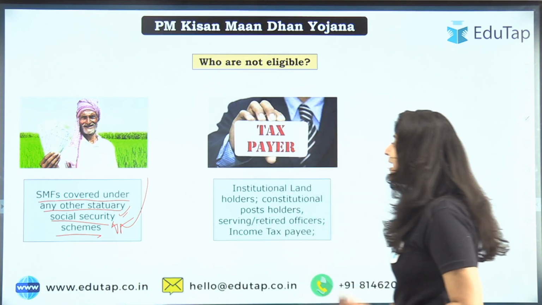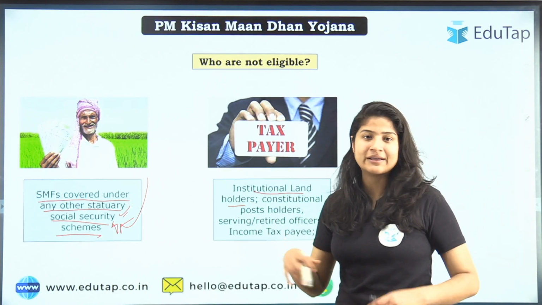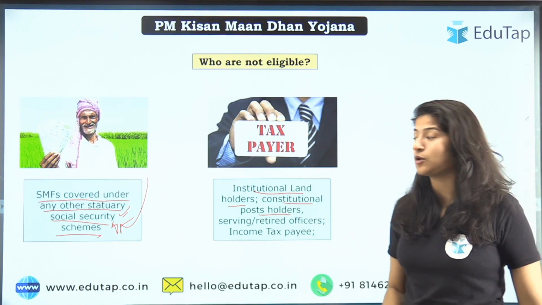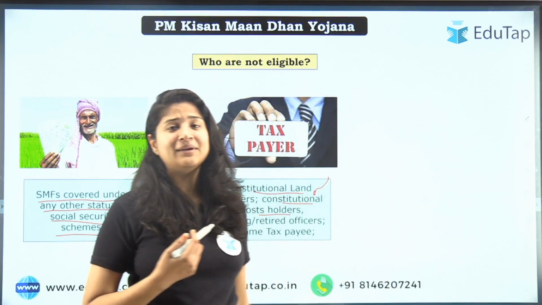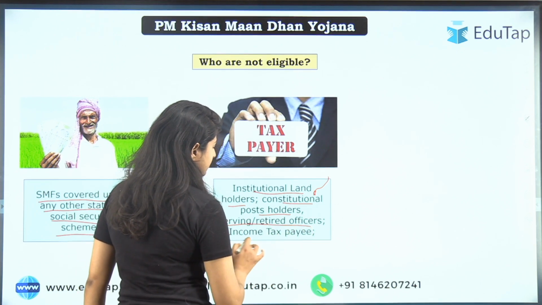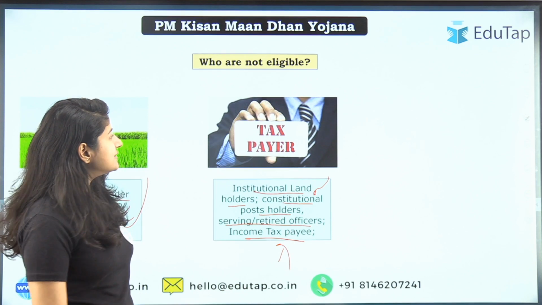Do remember this. Second is all the institutional landholders, meaning big landholders. Then anyone who is a constitutional post holder, it can be a parliamentarian, he can be a minister also. And then serving or retired officers and income tax payees are not covered under this scheme.